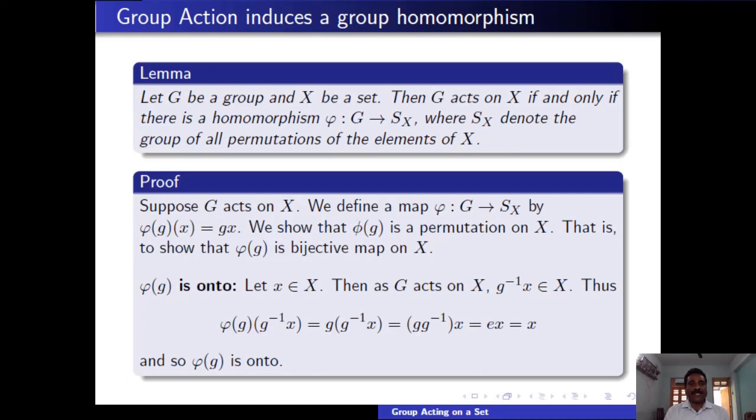So therefore g inverse x is a pre-image of x. So therefore phi of g is onto.